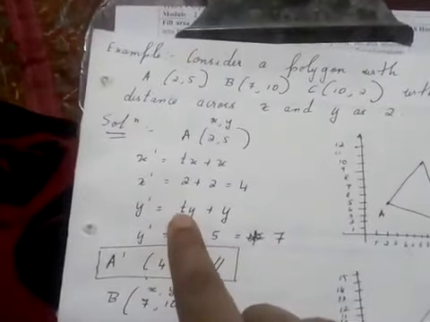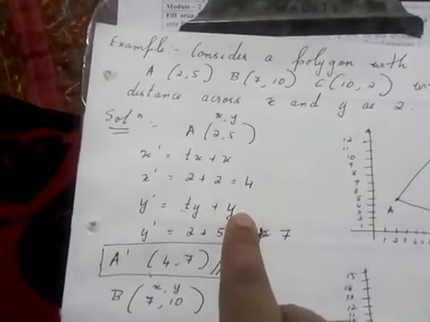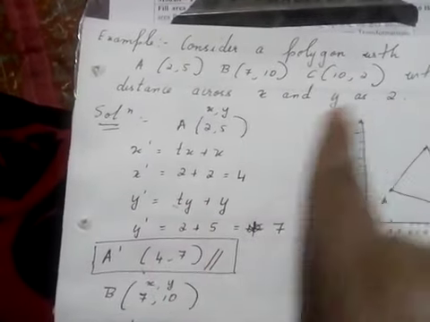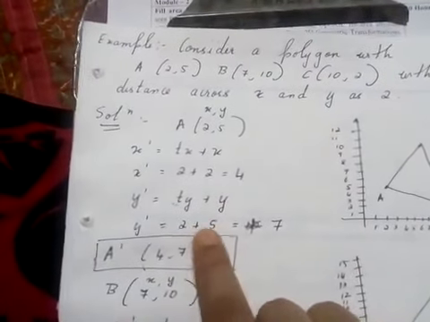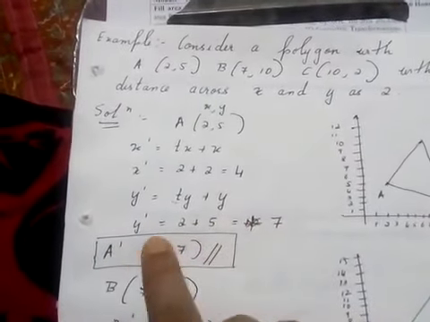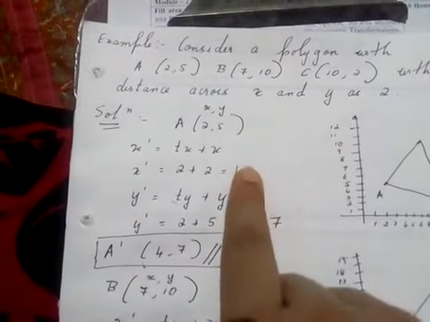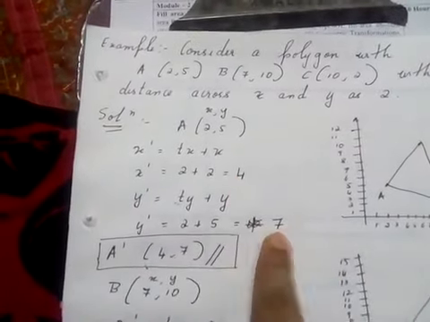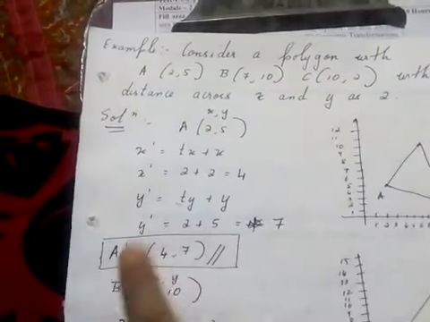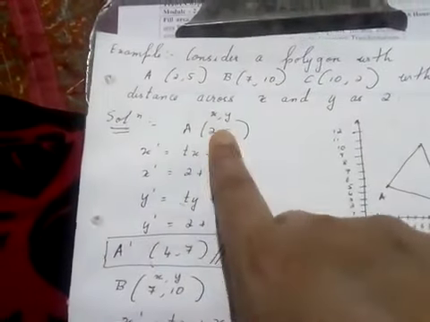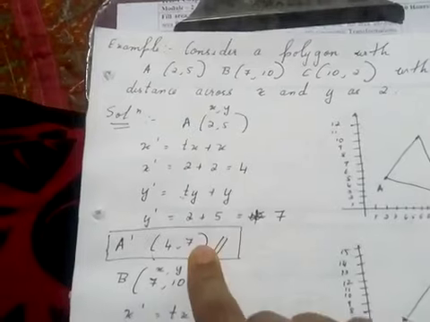Y dash is equal to ty plus y. Ty is 2 and y is 5, so 2 plus 5 is equal to 7. So y dash is 7. X dash is 4, y dash is 7. So the new coordinates of A, I'll name this A dash, is 4 comma 7.